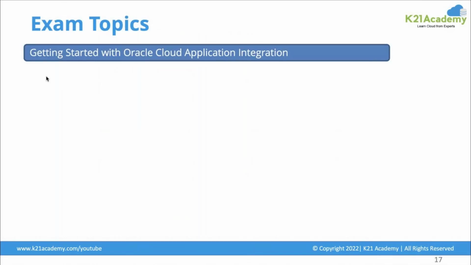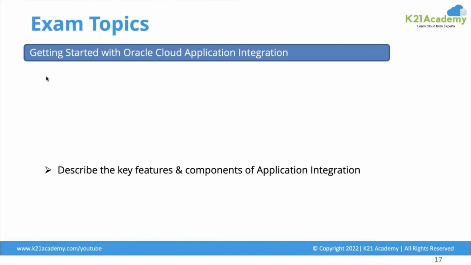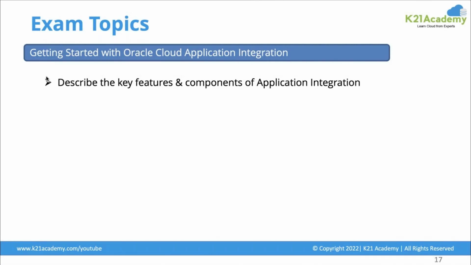Now, what are the topics covered in this exam? The first is Oracle Cloud Integration, one of the main features of Oracle Integration itself. So you need to know the key features and components of application integration.